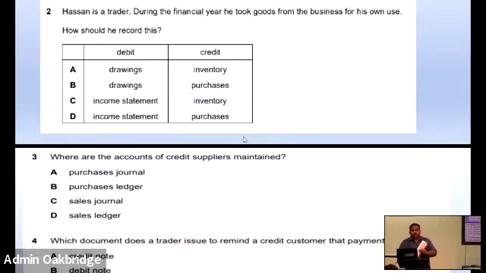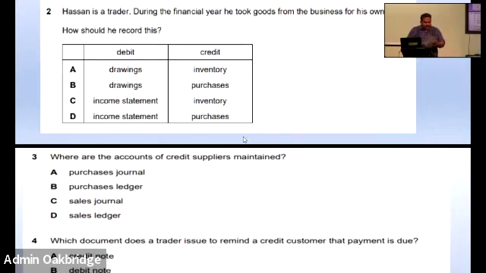Drawings is always debit, so the answer has to be A or B. And when he takes goods, you credit purchases. The inventory account is only for total inventory; it does not record any double entry. All follow? Okay, so the answer is B.